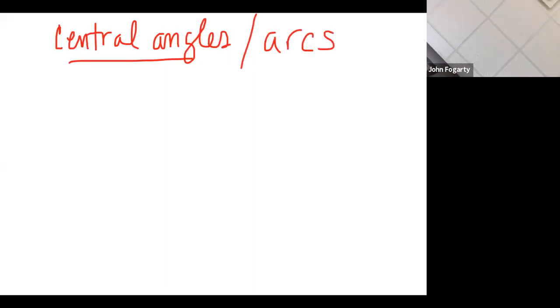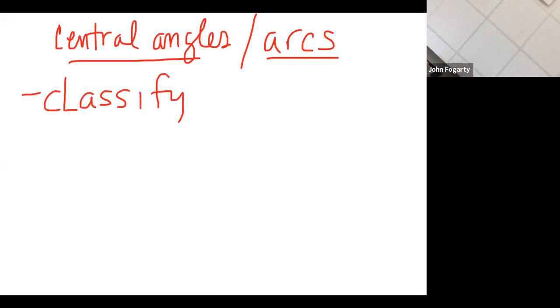All right, so now today, we're going to talk about central angles and arcs. We're going to have to know how to classify, and then we're going to go find measures.